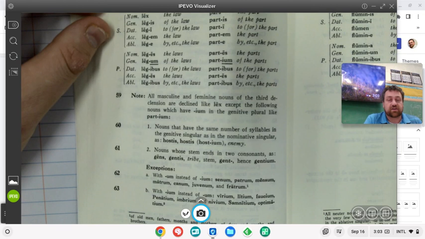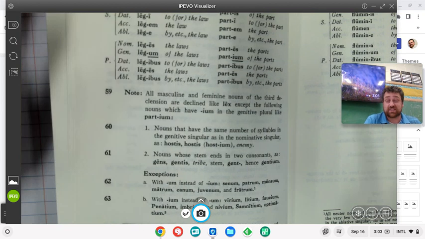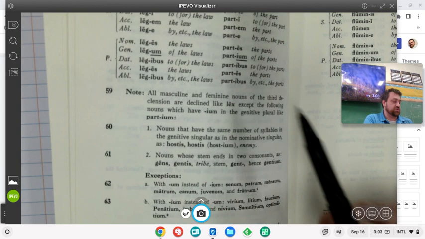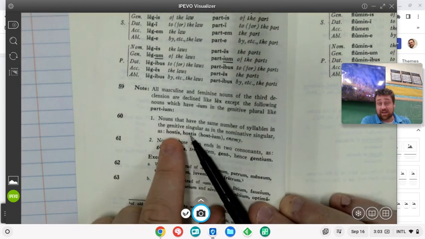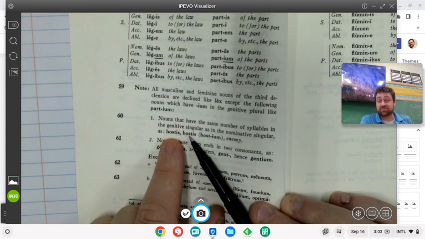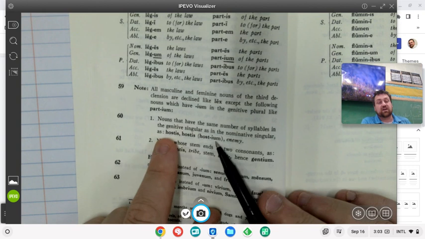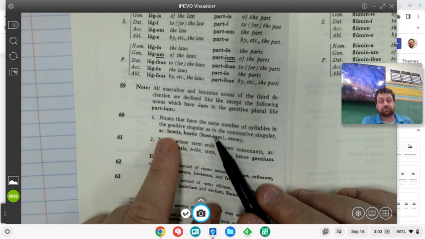And so when you see the dictionary form, if they have the same number of syllables as each other, and there are some, like hostis, hostis, which not only have the same number of syllables, they're actually the same. So the nominative looks like the genitive. There are some that are like that. So of course, those are going to be I stems. And so when we say of the enemies, we're going to say hostium. Not just hostum, but hostium.